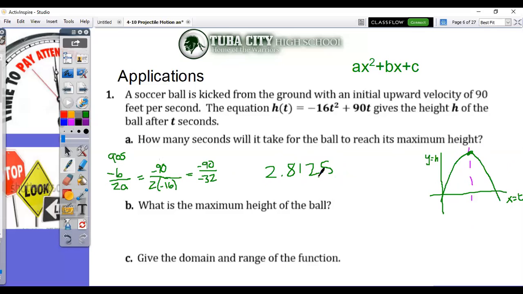And this is the answer to the first question. How many seconds will it take for the ball to reach its maximum height? And remember, x is time. So in this case here, we have 2.8125 seconds. And I'm going to just put SEC for abbreviation of seconds.